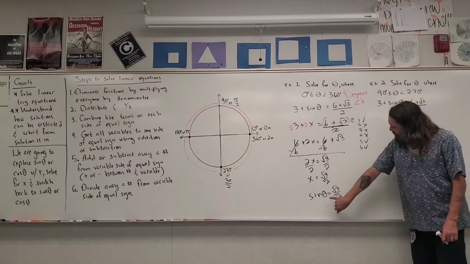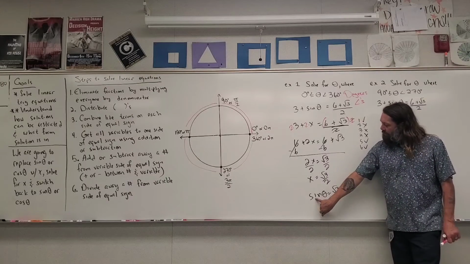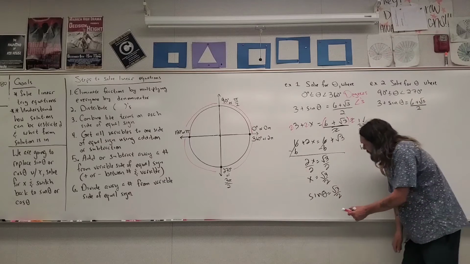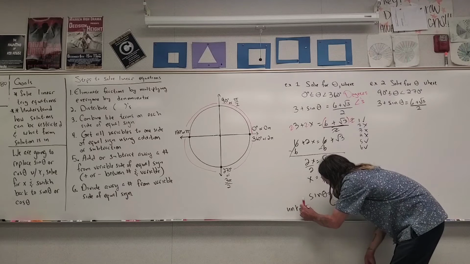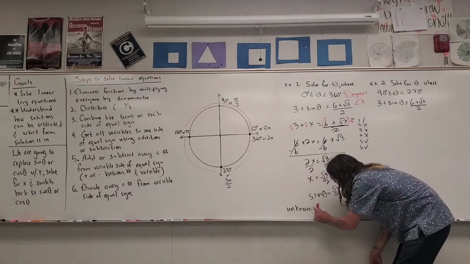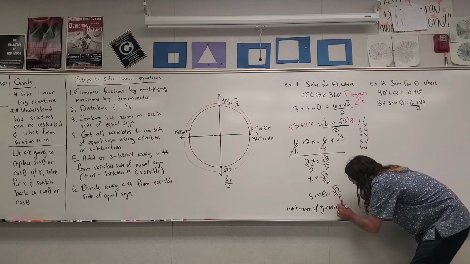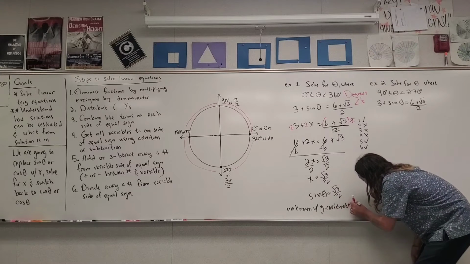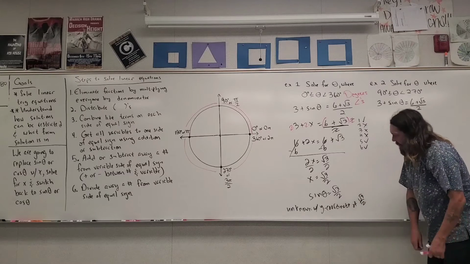So here I'd say there's an unknown angle with a y-coordinate of square root of 3 over 2.